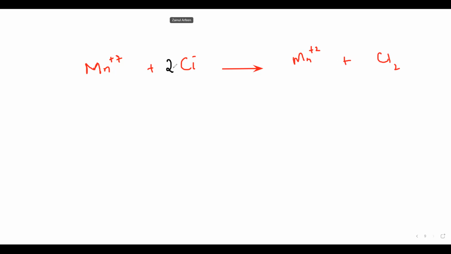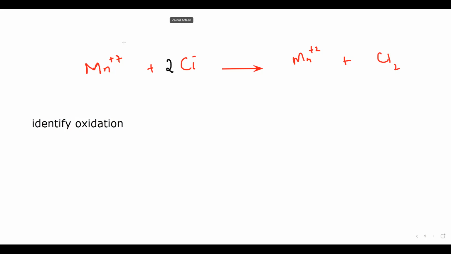The first thing they ask is to identify oxidation. So how can we identify oxidation? As there is no electron given and no oxygen given, we'll use the oxidation number.